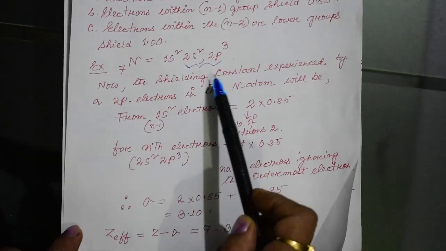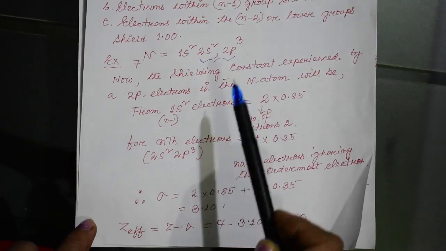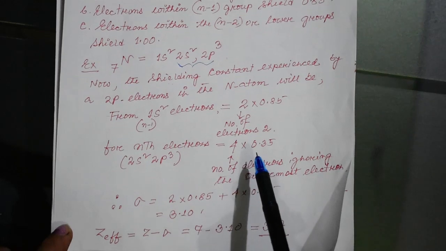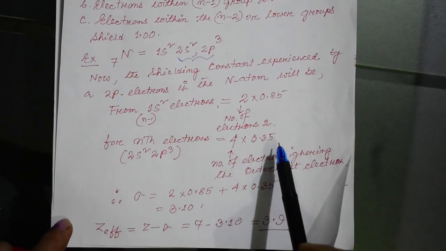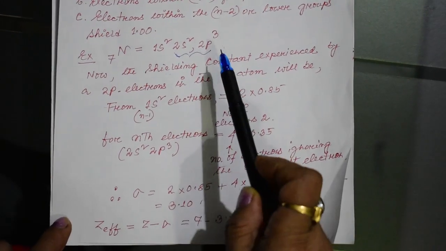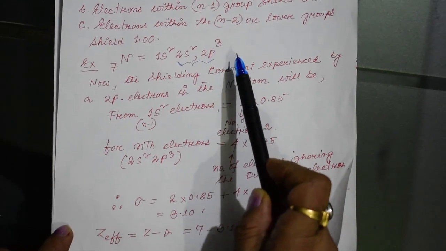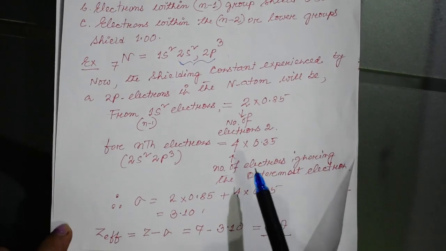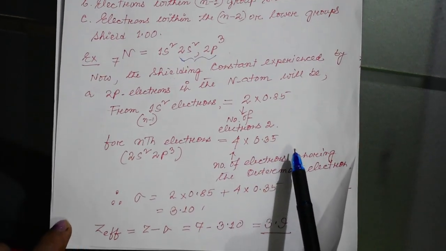Then for one of the valence electrons, the screening contributed by the nth shell electrons will be 4 into 0.35, because one will be the electron for which we have to calculate the screening constant. That means 4 into 0.35.